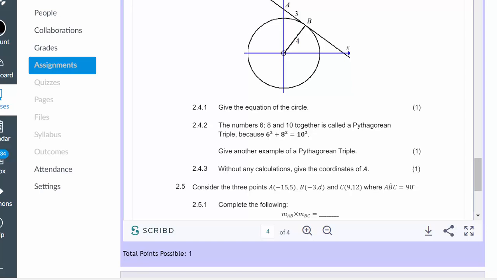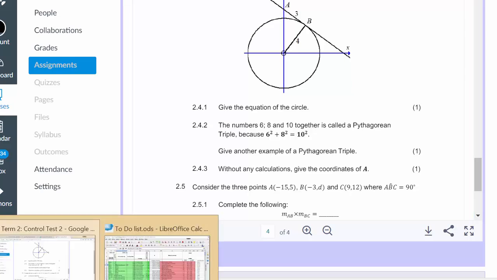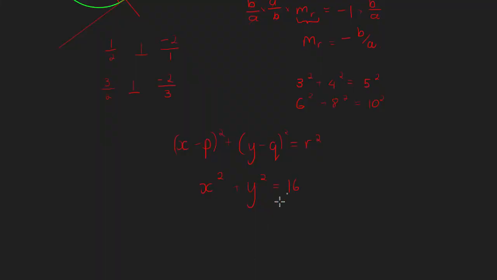Next, without any calculations, give the coordinates of A. So here you should have just noticed, since this is a tangent line, this is a right-angled triangle, 3, 4, that must be 5. So the coordinates of A are 0, 5.